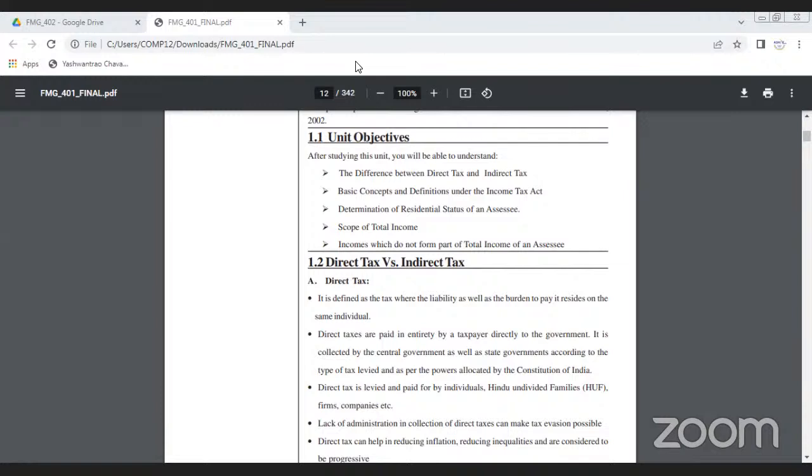Direct taxes are paid entirely by the taxpayer directly to the government. It is collected by the central government as well as the state government, according to tax levy and power allocated by the Constitution of India.